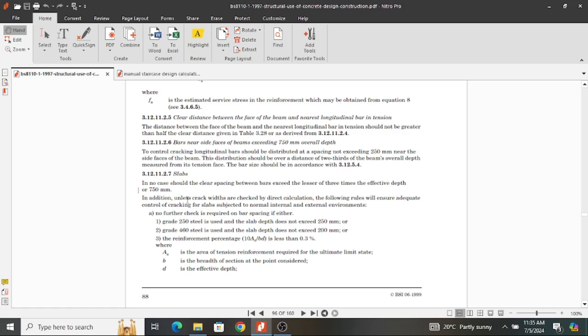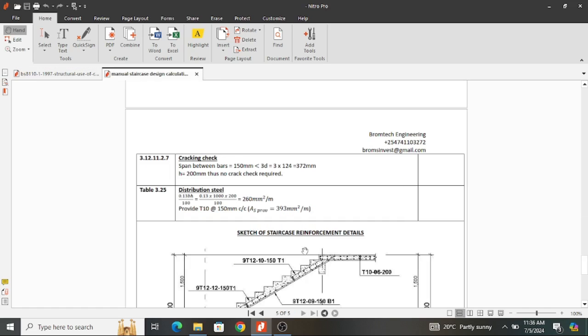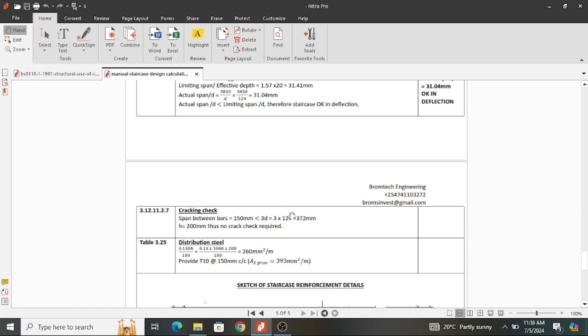In no case should the clear spacing between bars exceed the lesser of 3 times the effective depth or 750. This is what they mean. My effective depth in this case is finally 124 because I took a staircase of 150 millimeter thick waist.